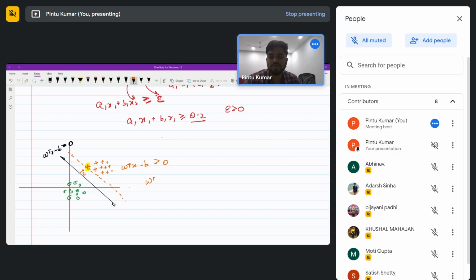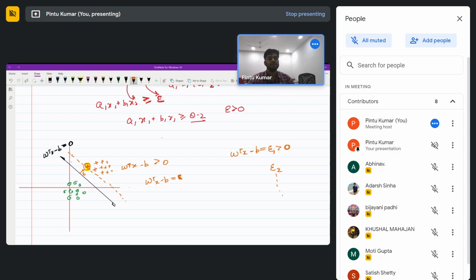W transpose x minus b is something related to epsilon. So this point is satisfying W transpose x minus b is equal to epsilon, which is strictly greater than 0. Similarly, other points will also have, let's say this is epsilon 1, then some will have epsilon 2, and so on.